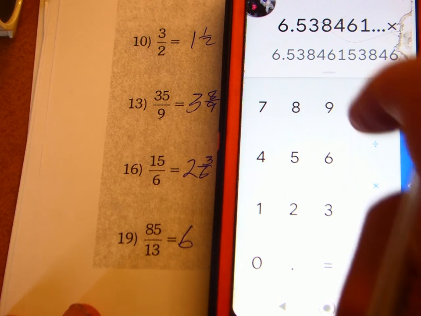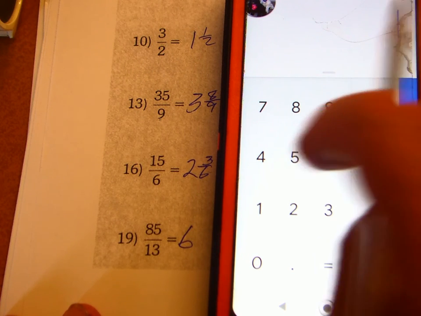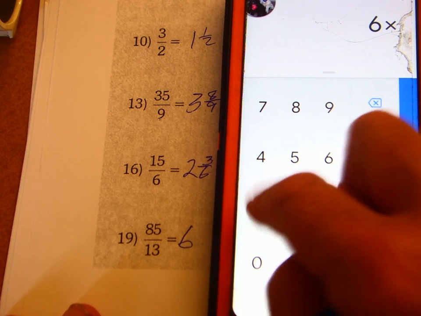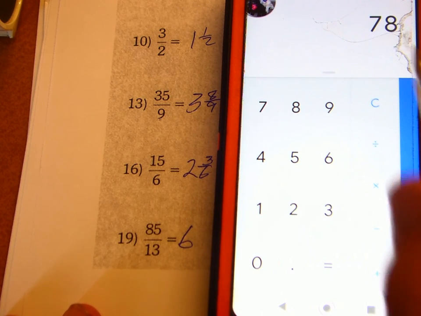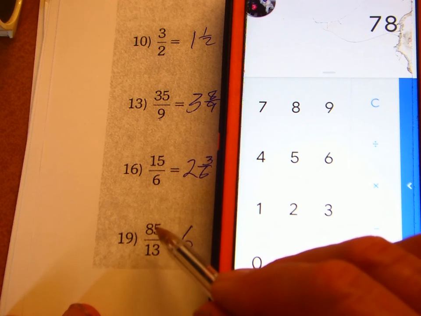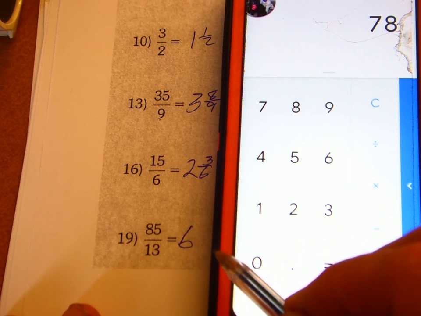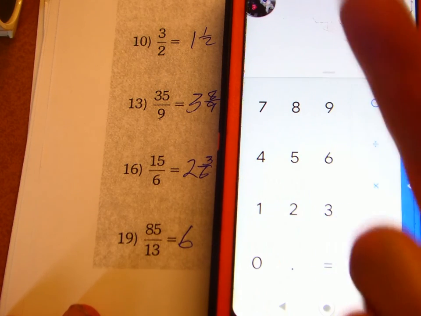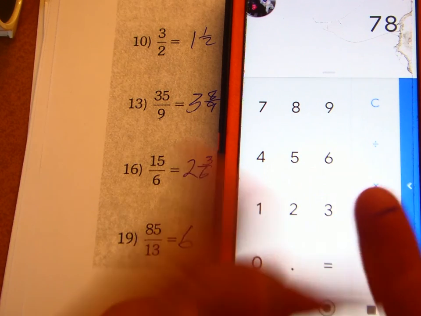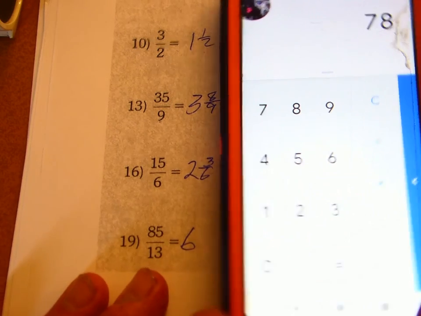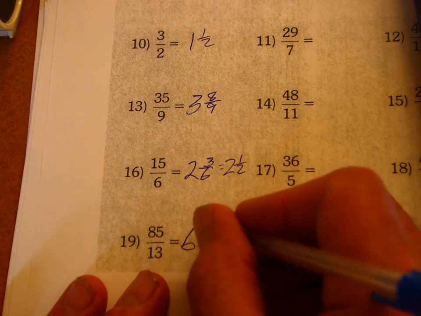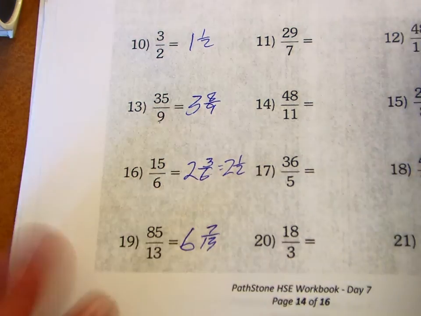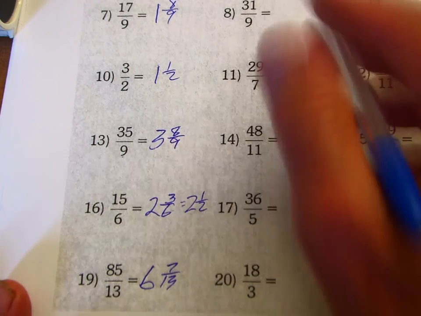Well, I'm going to do 6 times 13 equals 78. How many are left over? 79, 80, 81, 82, 83, 84, 85. 7 left over. 6 and 7/13. Anyway, you can practice these till you're sure you know what to do.